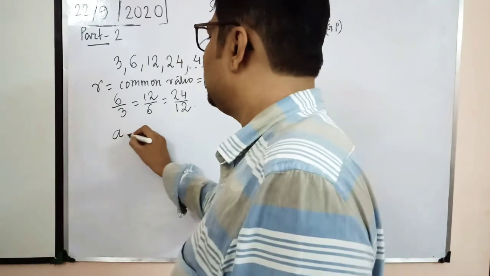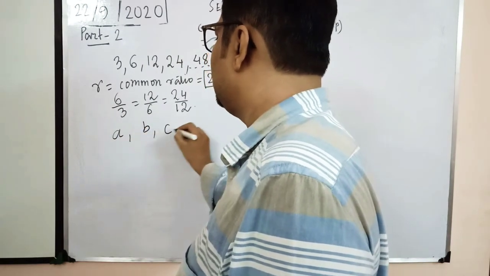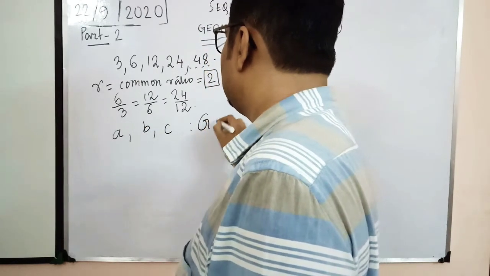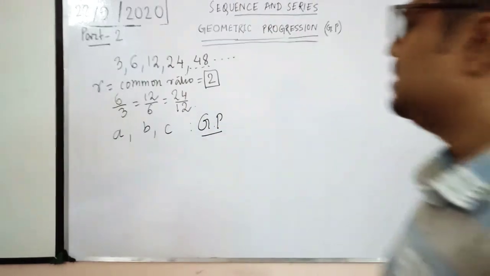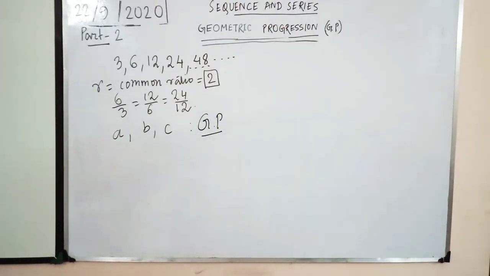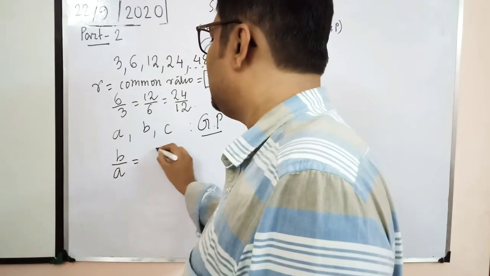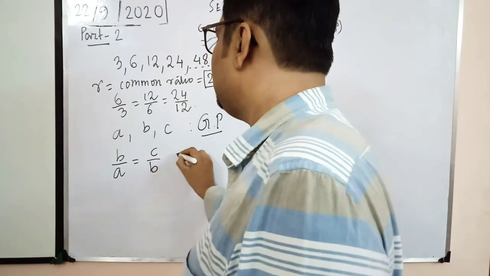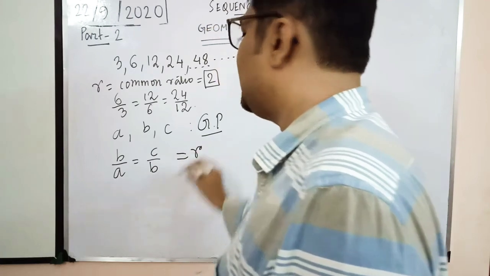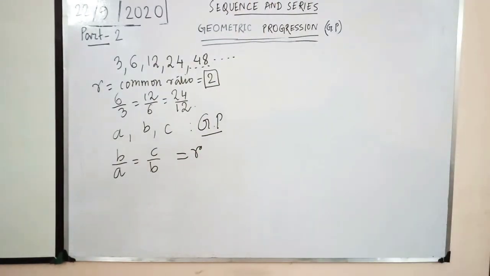So if A, B, C are in GP, three terms, then obviously B divided by A will be equal to C divided by B, and this will be equal to R, the common ratio. In arithmetic progression we get a common difference, and here we get a common ratio.